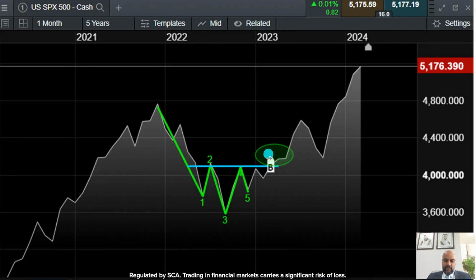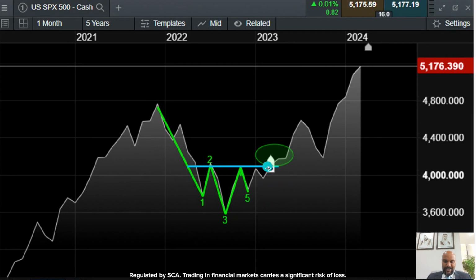Now, once this has been identified, we take a trade once the breakout has happened. In this case, the breakout happened above the neckline. We take a buy here. Of course, we keep a stop loss. Now, how do I measure how high can the price go? It depends on the length of this head over here. From the neckline to the lowest point of the head is, let's say in this case, about 10 or 20%.